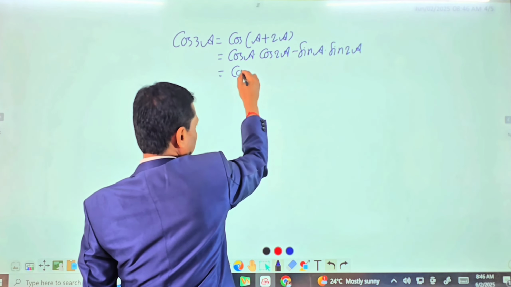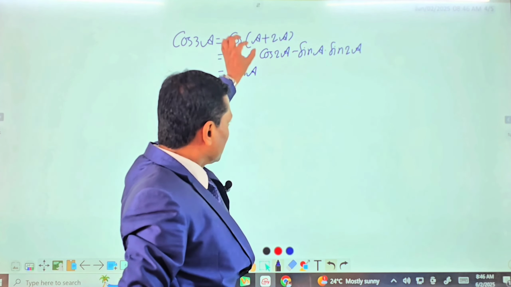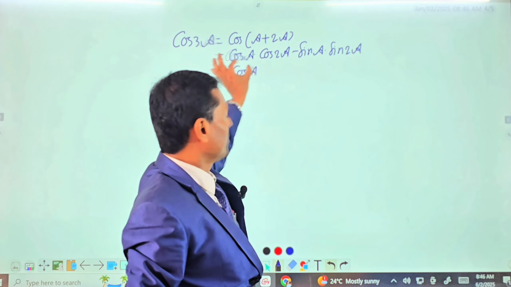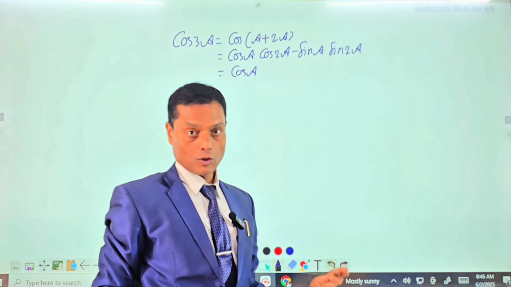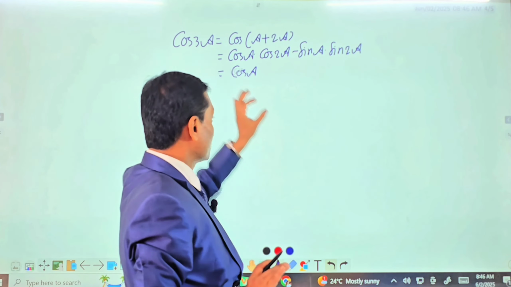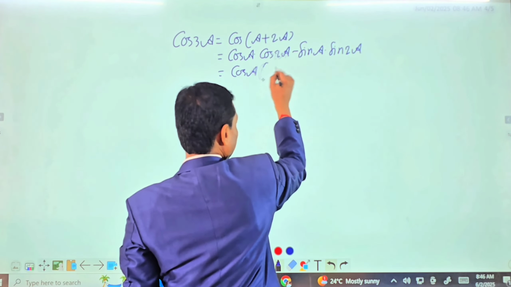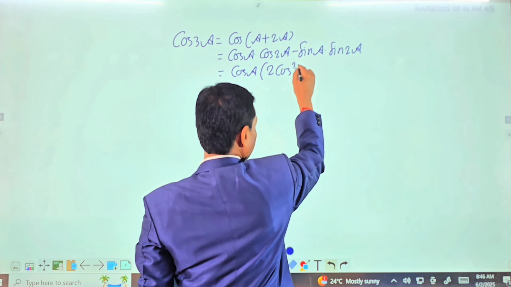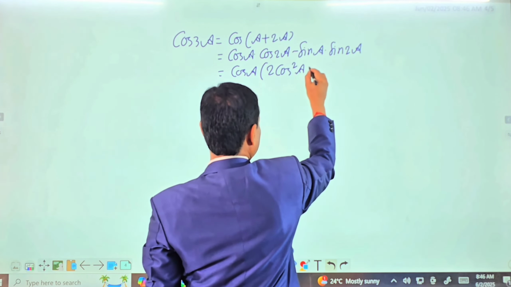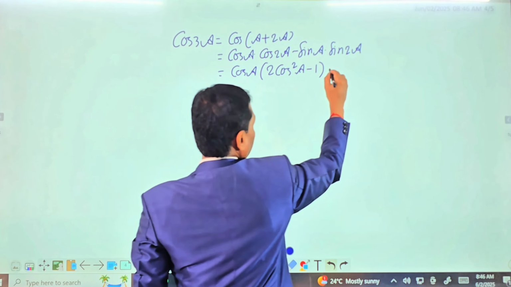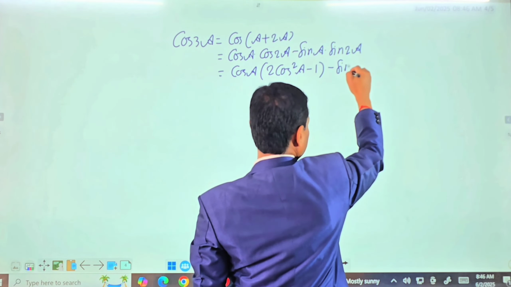After that, cos A. Now I'm just going to write the formula of cos 2A in terms of cos, right? Not to forget that cos 2A has 5 formulae. So here we are going to apply the formula of cos 2A in terms of cos only. So we can write here 2 cos square A, 2 cos square A, right? Minus 1.